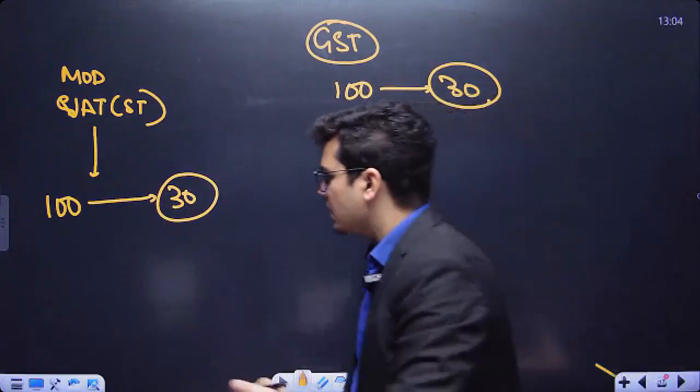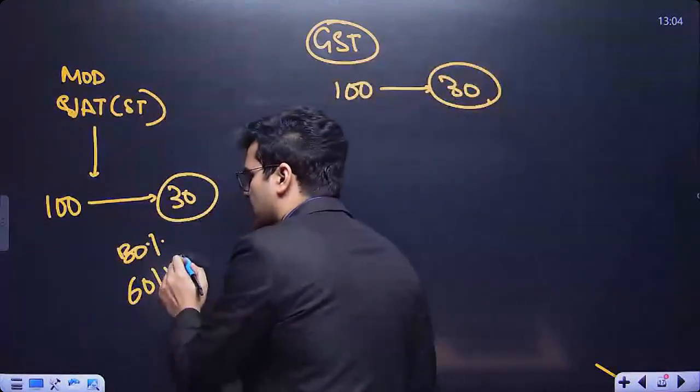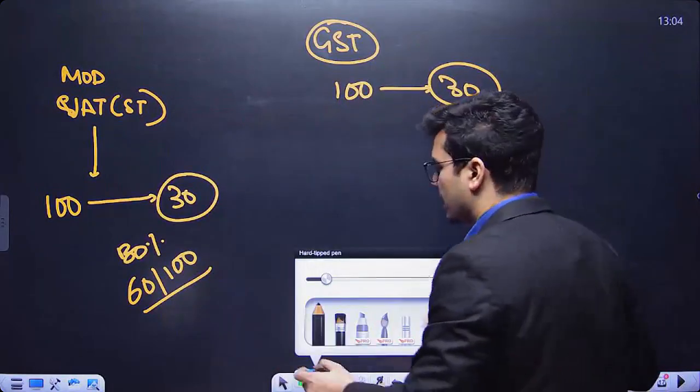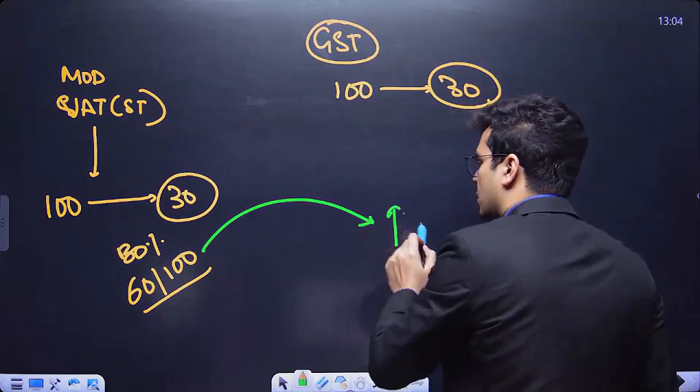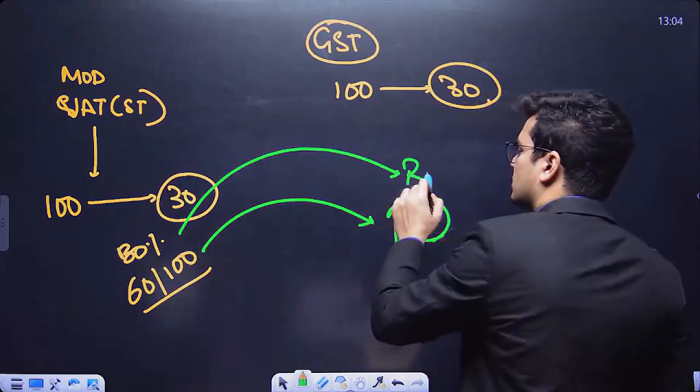Earlier the tax rate was 50% and 60 out of 100 people were complying. We estimated that with GST the compliance will get higher. Now maybe 90 people will comply, so we can reduce the rates.